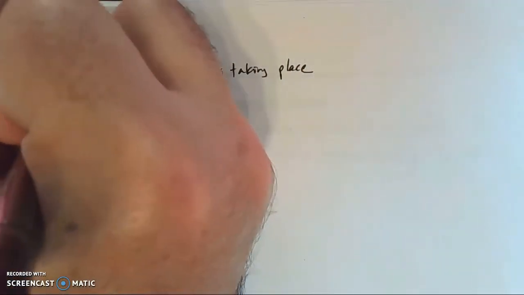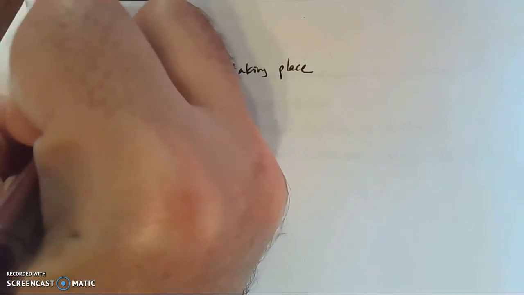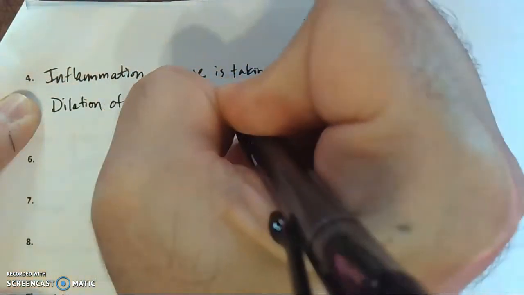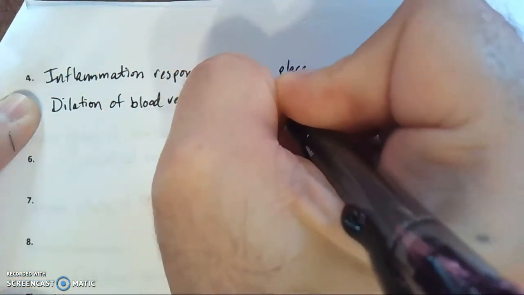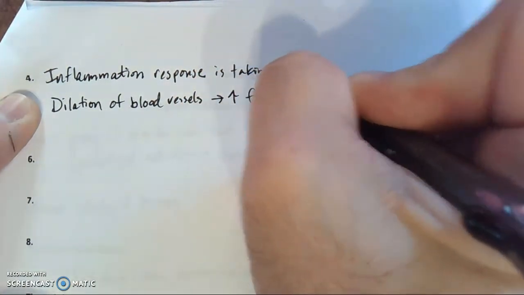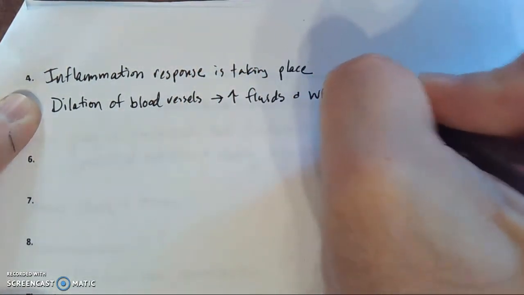So part of this is dilation of blood vessels. So the blood vessels open up a little bit, which increases fluids and white blood cells for immunity.